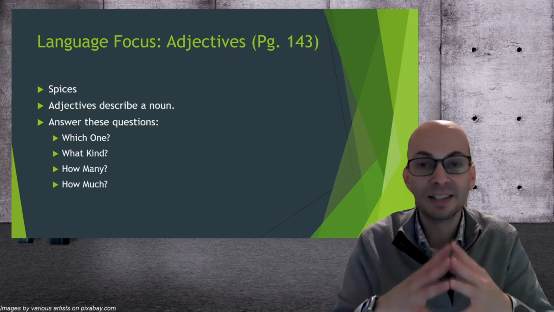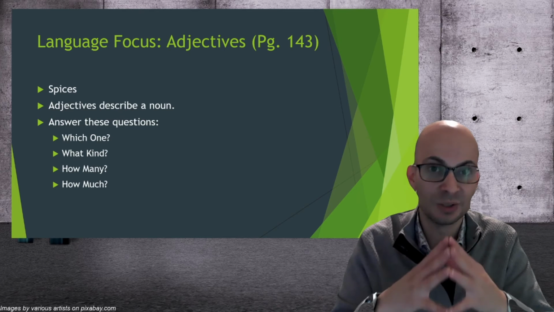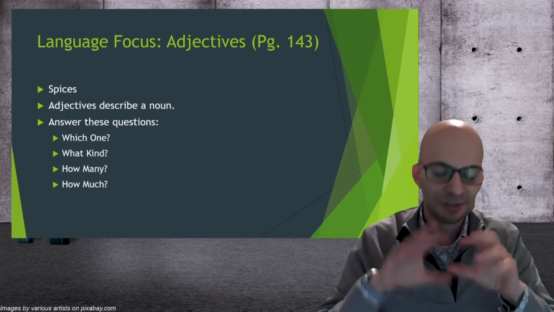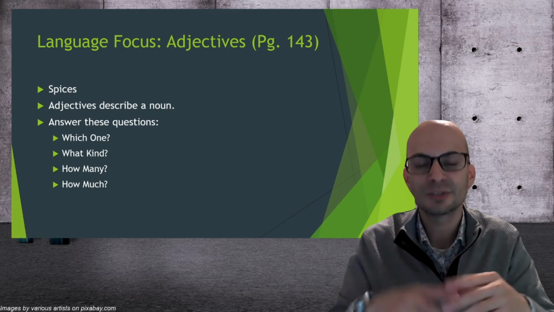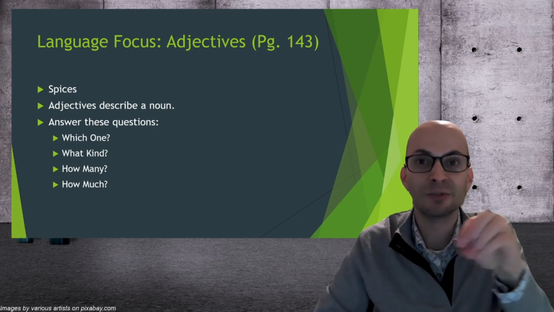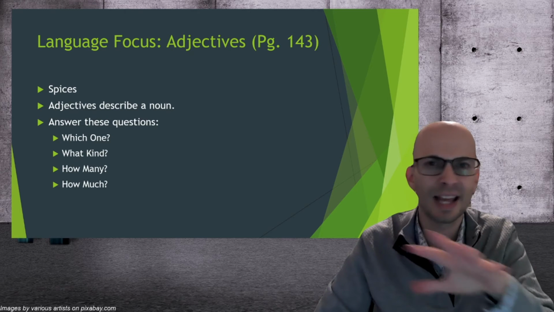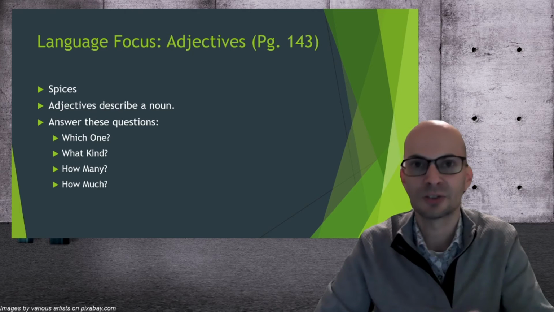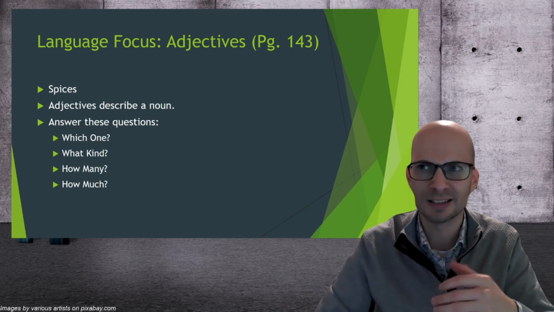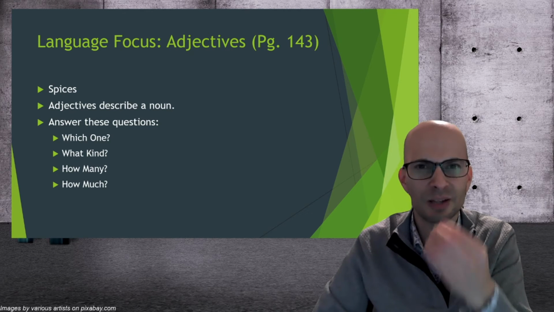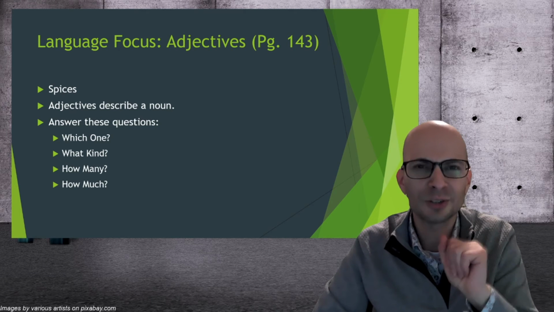Adjectives. And this is the real key to descriptive paragraphs. Adjectives. And the book says here, adjectives are like spices in food. They offer different flavors and senses and tastes to a dish. Can you imagine eating a cracker without a little salt on it?